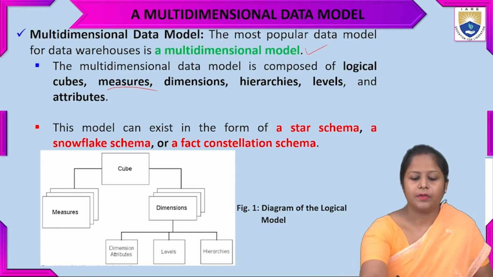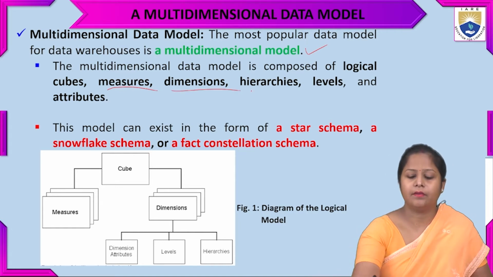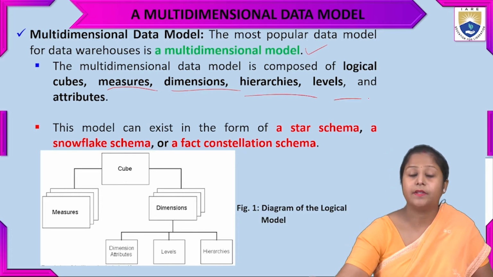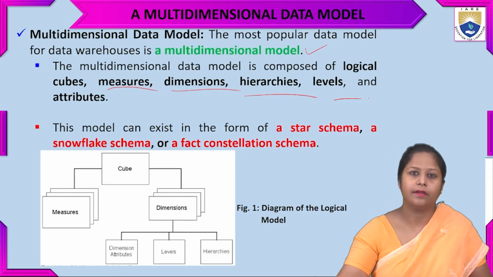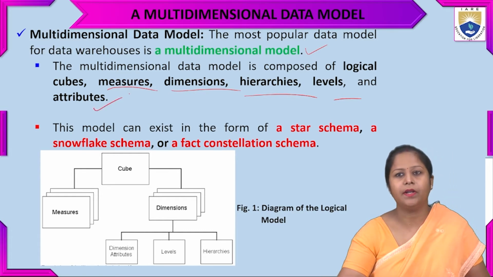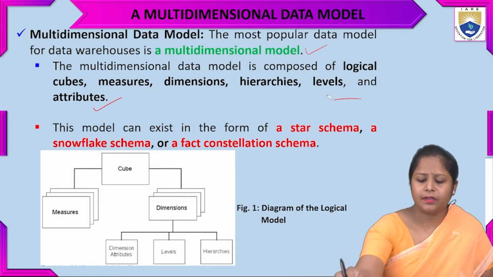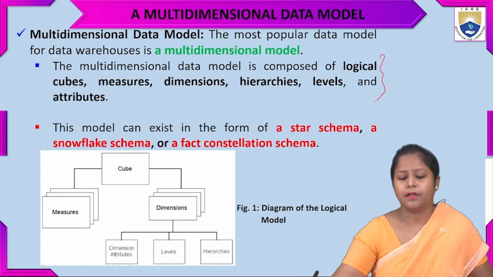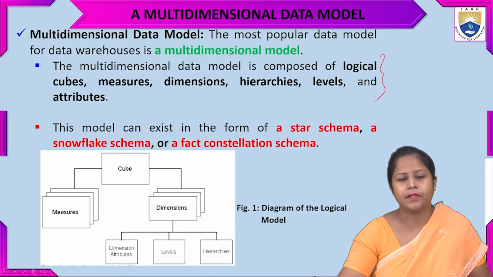There will be dimension. There will be the term hierarchy. Then we will see the terms label and attribute. So these are the introductory functions, we can say, in the multidimensional data model.